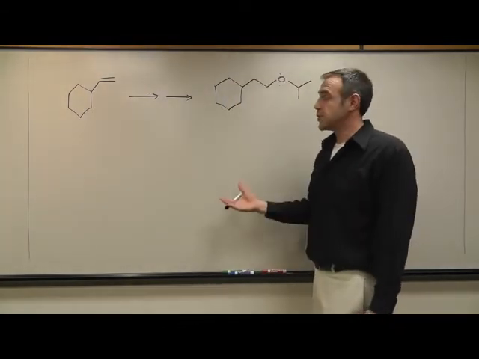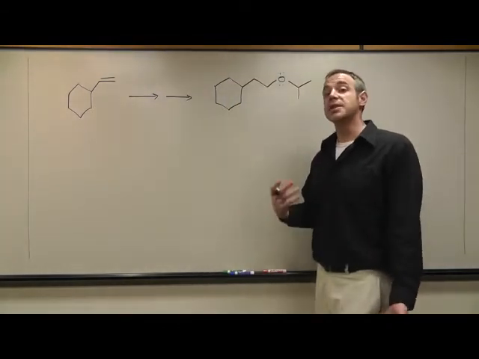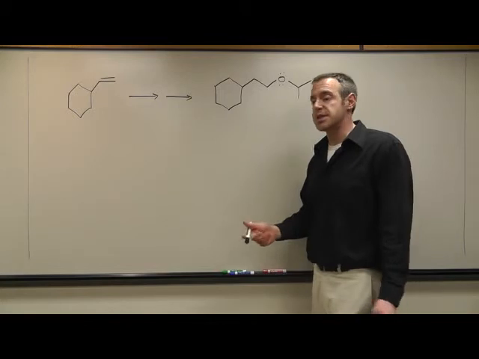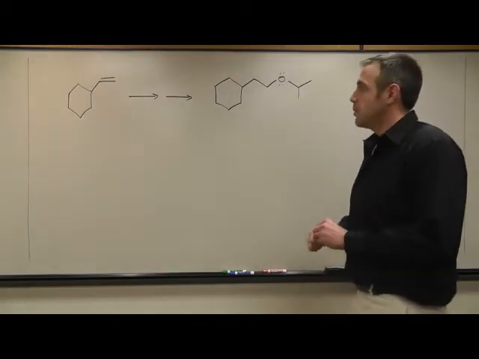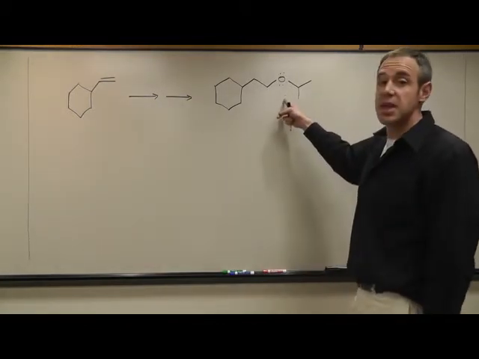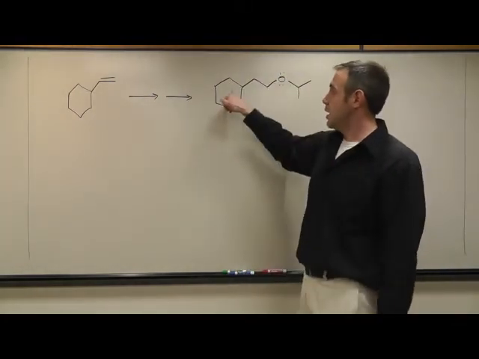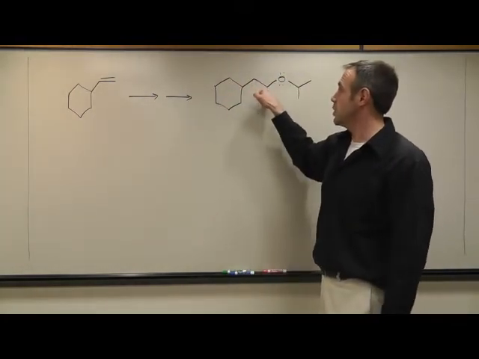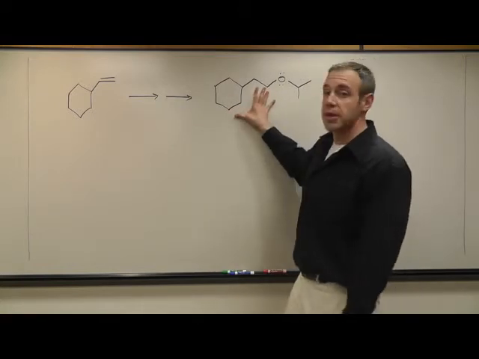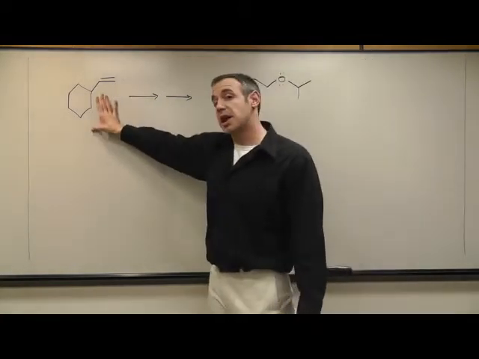So first looking at this problem, you might think, oh, this is going to be a fairly short synthesis. Well, if we think about how we could potentially make this ether from this alkene, notice we've got the cyclohexane and then two carbons here. Well, that part of the molecule is the same thing as we had in the alkene.